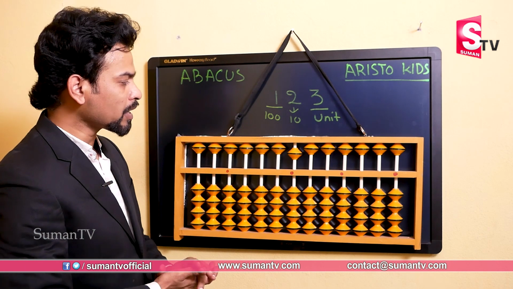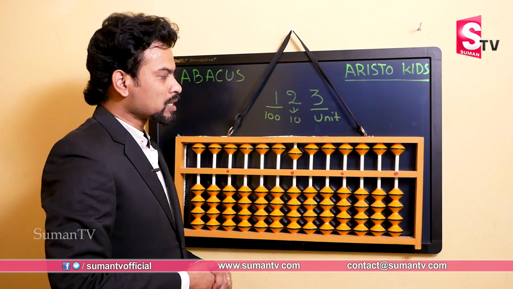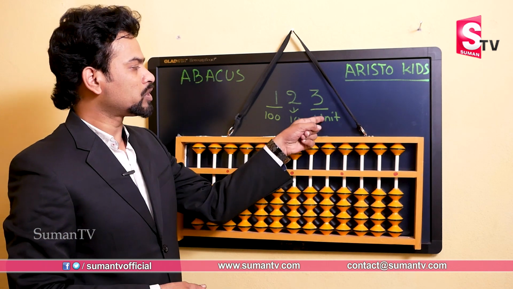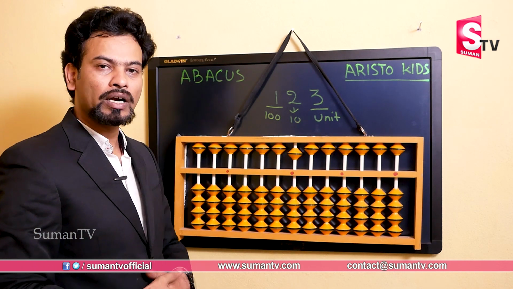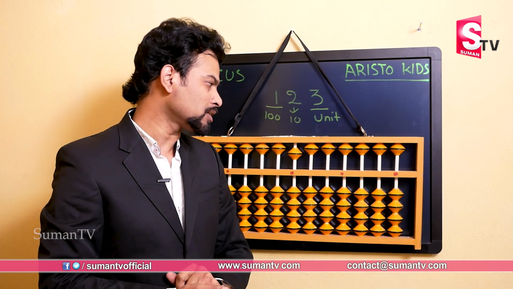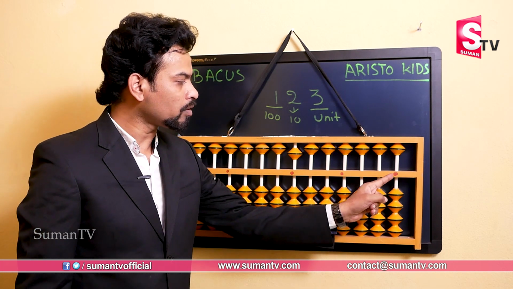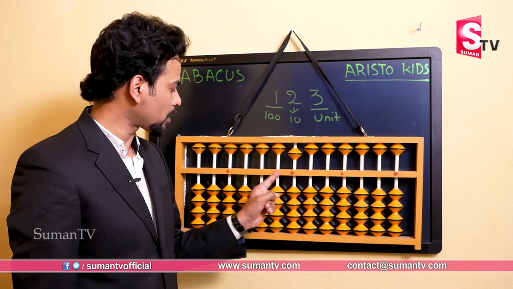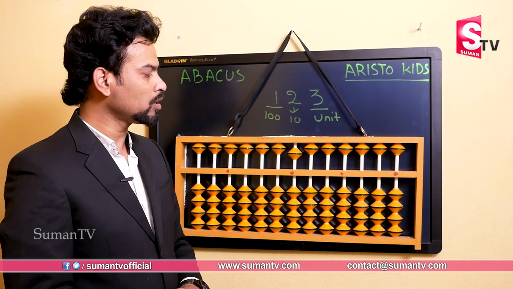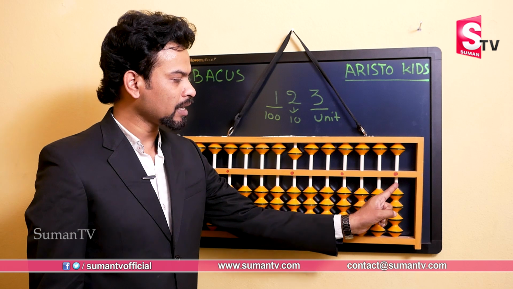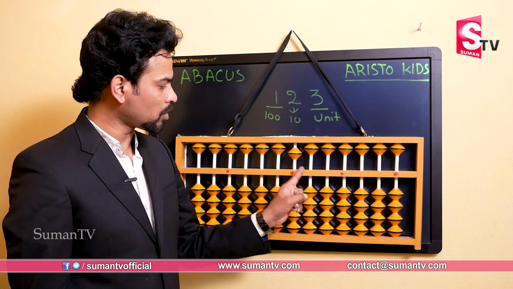In abacus also, we will start from a particular point which is called the unit point, and we can find this unit place wherever these unit dots are there. We have 4 unit dots here, so we can take this line as a unit, or this line, or this line.